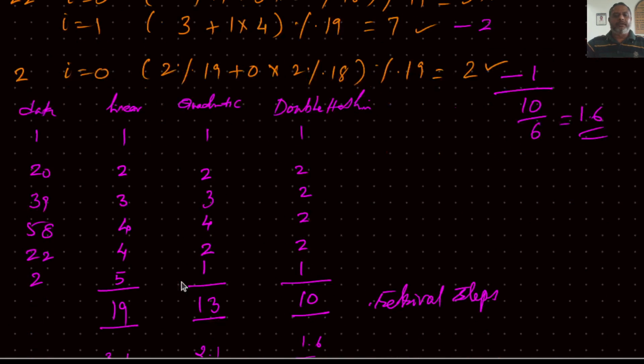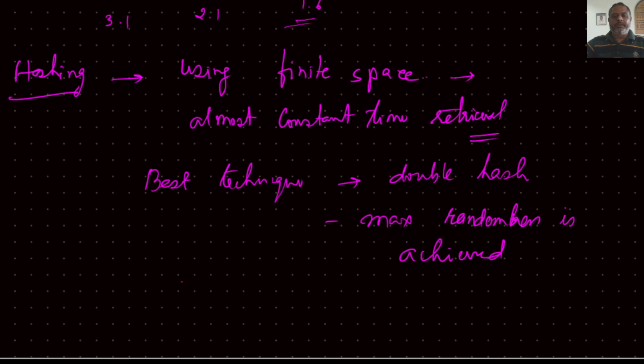So that allows to spread out all over the space. So it is equally spread throughout the space, and hence more randomness is achieved.